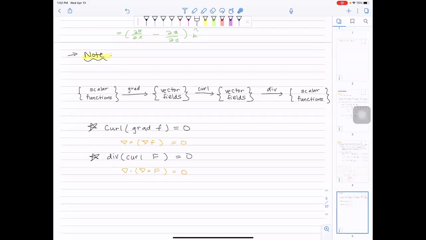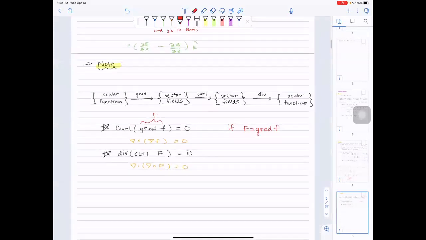From that, we know that if F is a gradient, so take this capital F, and we're saying that the gradient of lowercase f gives us some vector capital F, this tells us that the curl of our capital F will be 0. So if we have a gradient, then the curl is 0.